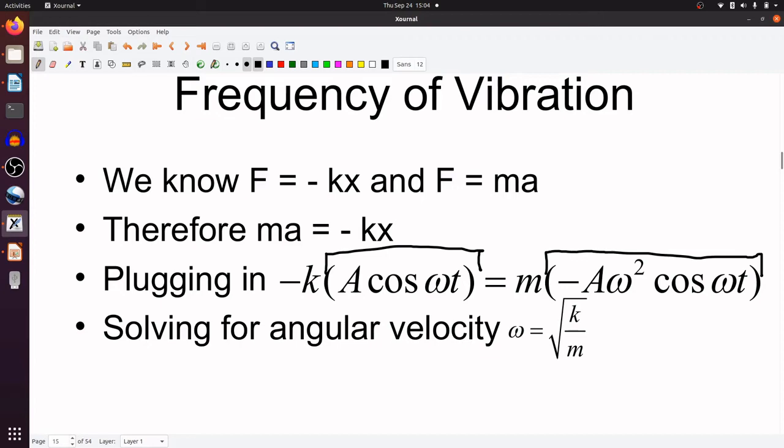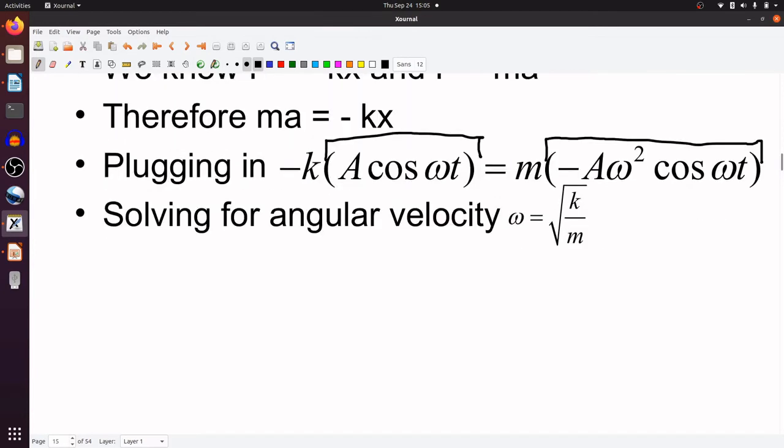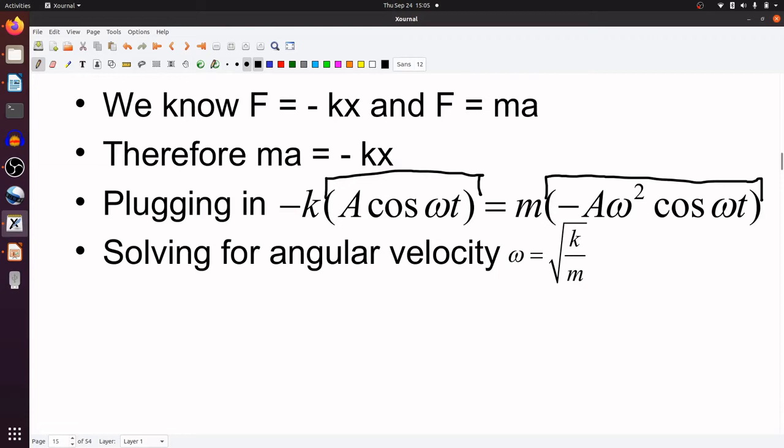This gives you m times negative a omega squared cosine of omega t equals negative k a cosine of omega t. All that is going away, and negatives become positive. That gives me m a omega squared is equal to k a.